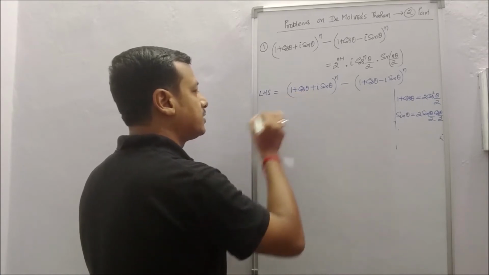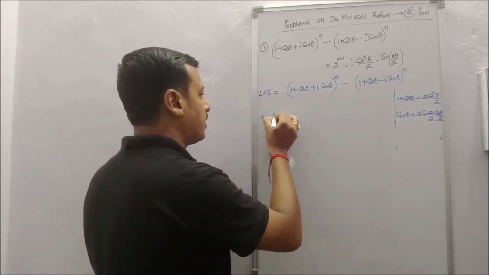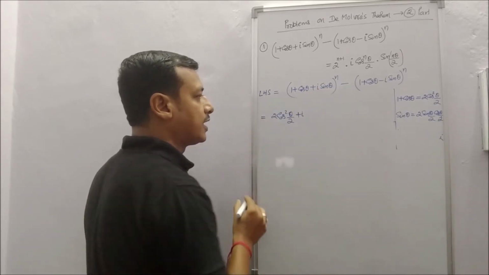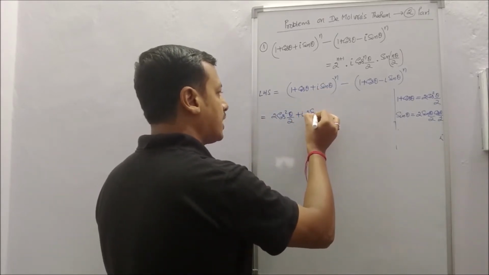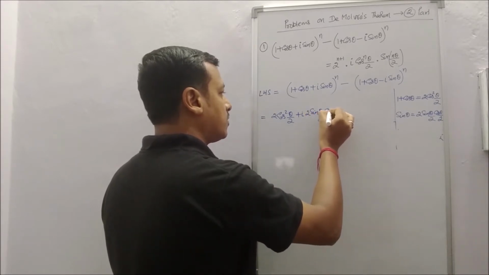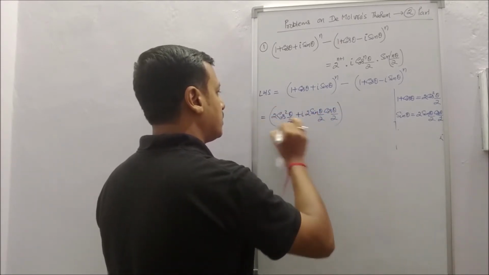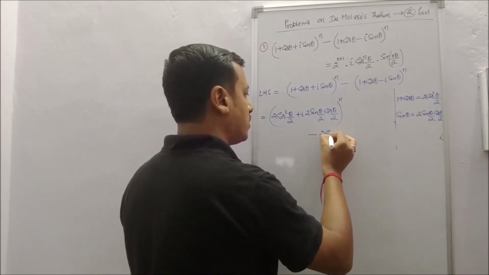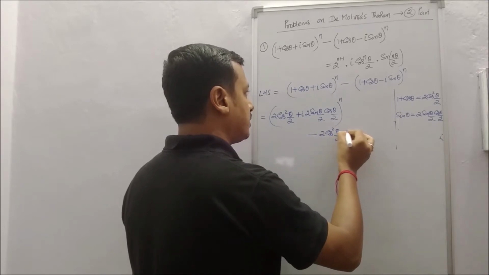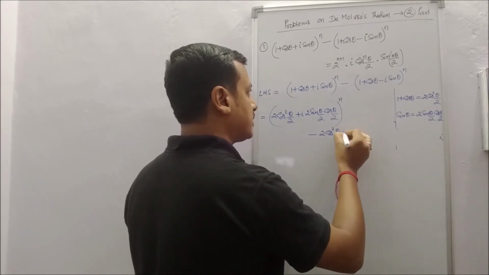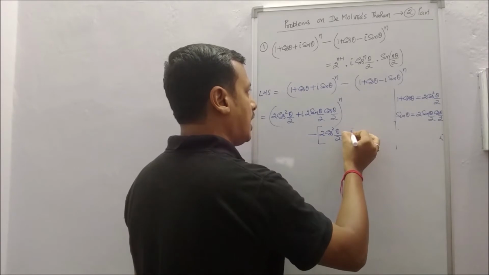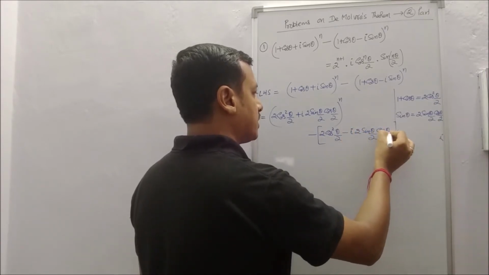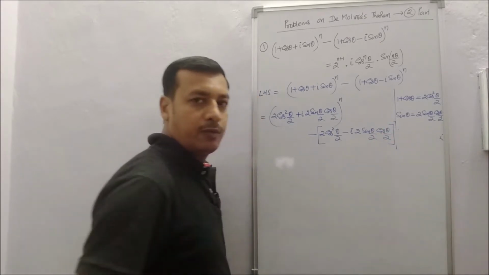Therefore, in place of 1 + cos θ, we write 2 cos²(θ/2) plus i, and in place of sin θ, we write 2 sin(θ/2) cos(θ/2), to the power n, minus again 2 cos²(θ/2) minus i 2 sin(θ/2) cos(θ/2).